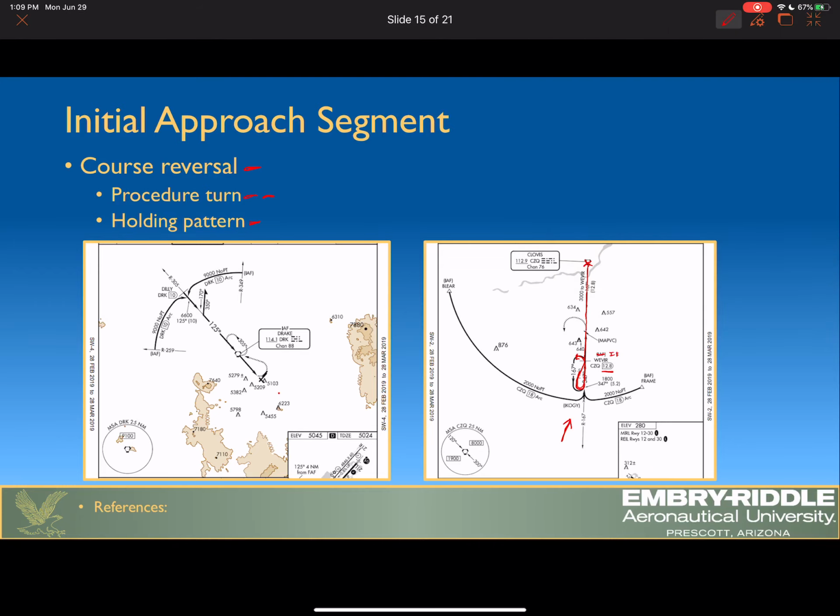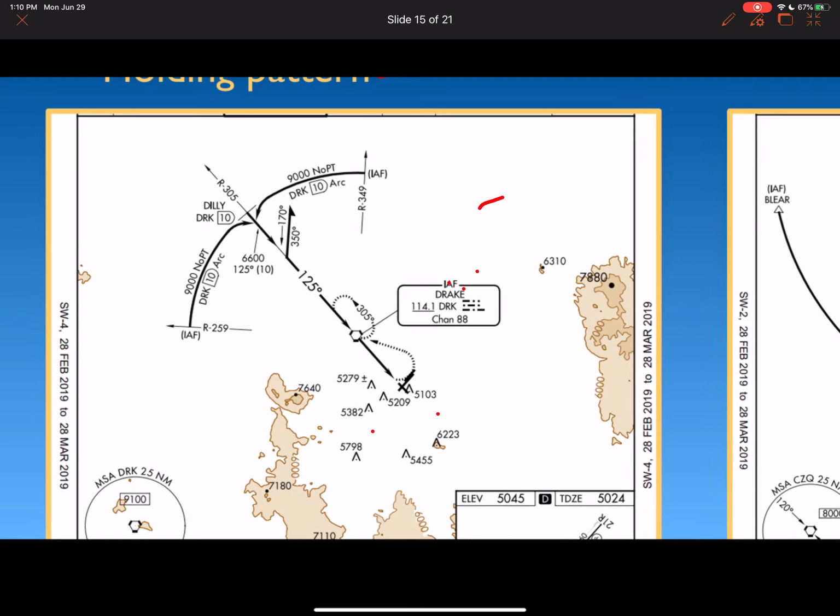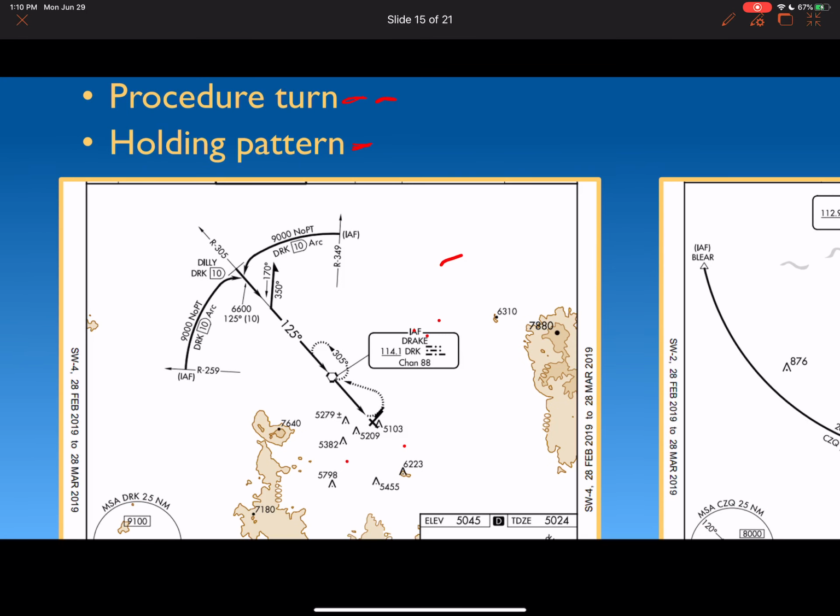So if we look back at the VOR 12, if I was already on the 305 coming from the northwest, so if I was already established, ATC would just give me a straight in. They're not going to tell me to fly to Drake and then turn around to do the procedure turn just to turn around again.